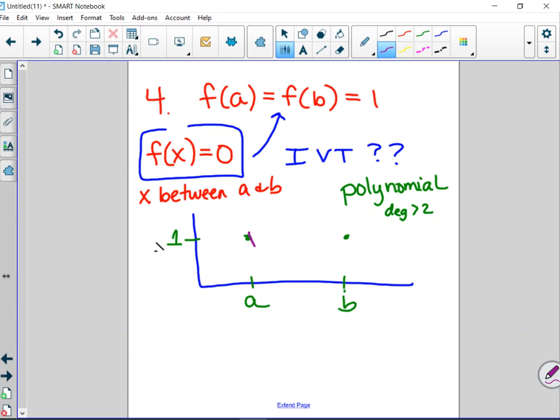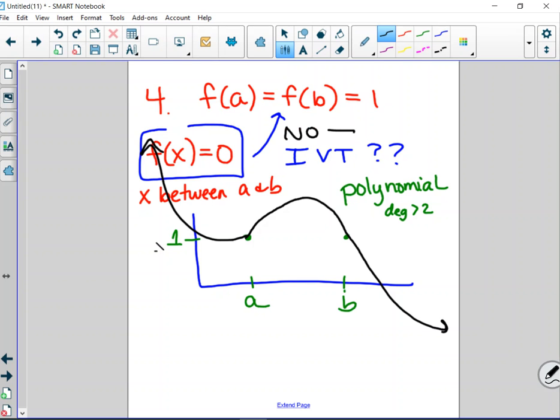I mean, it's possible it would be, right? That would count, and that would be kind of a polynomial. But it's also possible that it wouldn't. You know, I could do that, right? That would count. So, is this guaranteed to be true? I don't think so. I don't think we have to hit a 0 because they're both 1. You know, I can get to 1 from 1 back to 1 without going through 0.